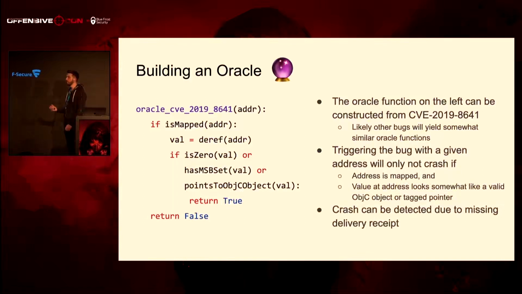So only if these conditions are met will it not crash when we give it an address. Otherwise it will crash. And now we can observe this crash because we either get a delivery receipt or we don't. So that's the idea.